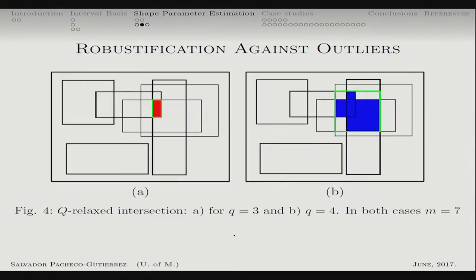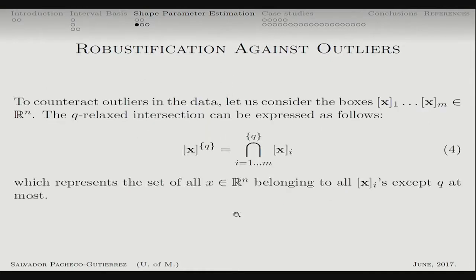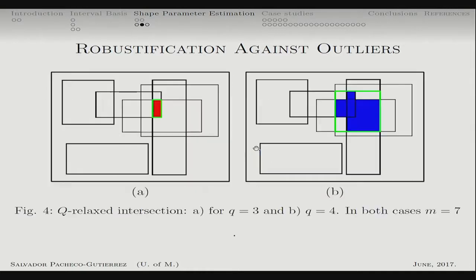So here we have a Q-relaxation diagram, which allows us to neglect based on the parameter Q, which is in this case for image A is 3, knowing that we have n boxes, we can neglect the rest of the boxes that do not intersect, that intersect 3 at most in the set we have.